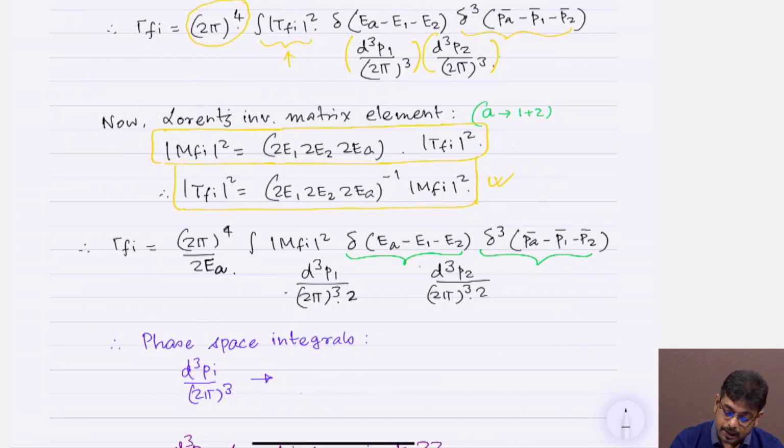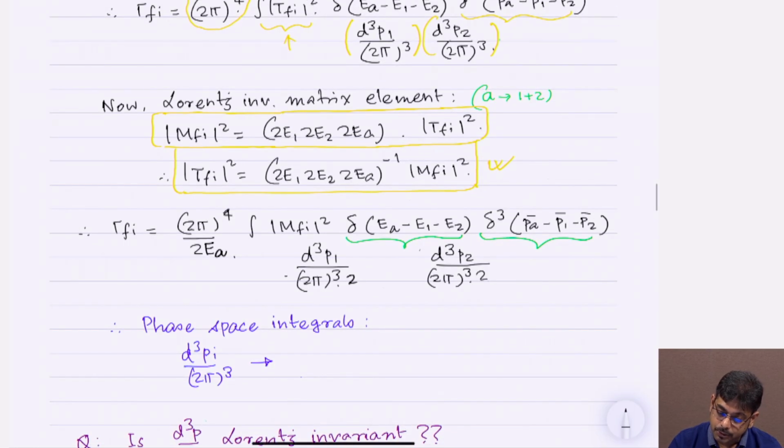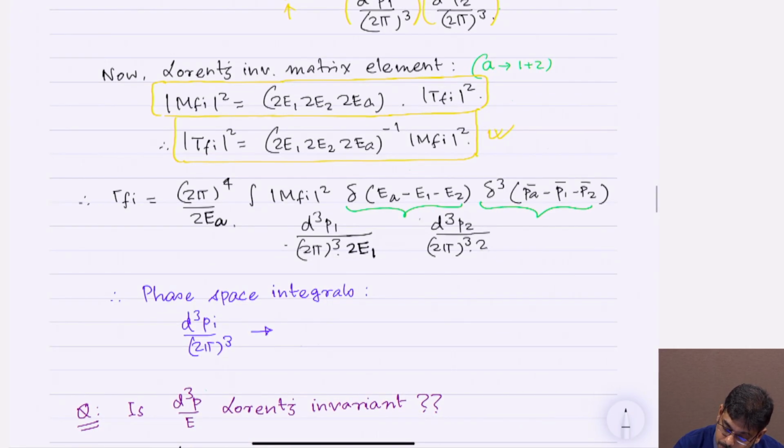And then instead of T_fi squared, I write M_fi squared, the delta functions are there, delta(E_A minus E_1 minus E_2), delta cube of (P_A minus P_1 minus P_2), and now this d^3P_1 by (2 pi)^3 is accompanied by another factor of 1 by 2E1, and this d^3P_2 by (2 pi)^3 is accompanied by an additional factor of 1 by 2E2.